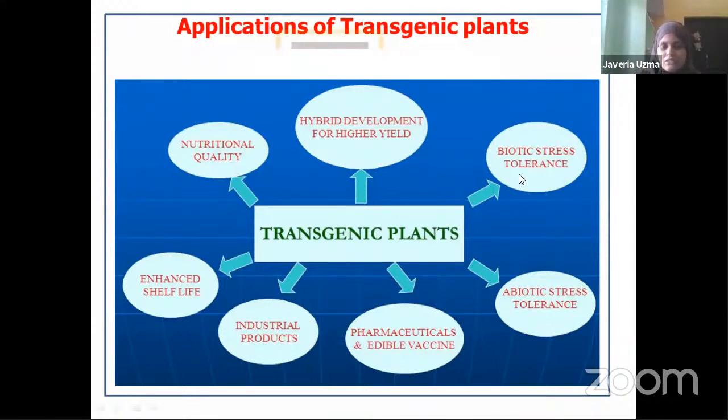Because when the plant is in stress, automatically the productivity will decrease. So by introducing transgenic plants, we can make plants biotic stress tolerant. Means no insect or pest or virus can attack the plant if you introduce certain genes into the plant. So automatically the plants will become healthy and the crop productivity or yield will increase.